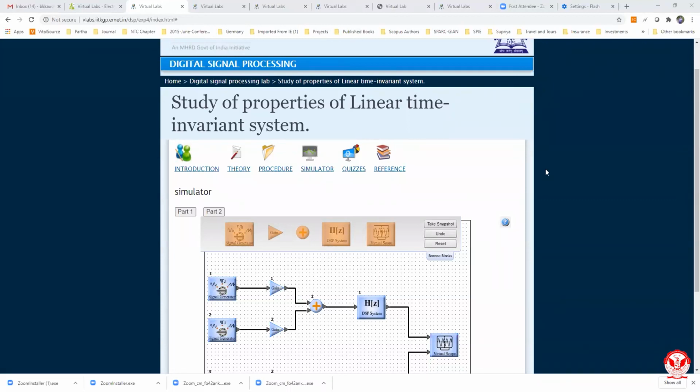I hope that will be quite simple to understand, and we'll see how many wrong connections we can make, so that we can learn from those mistakes. It is a very appropriate question, because when we come to actual experiments, we do come across certain problems. It's not that we will make the right connections straight away. We make a lot of wrong connections too, and that is how we learn.